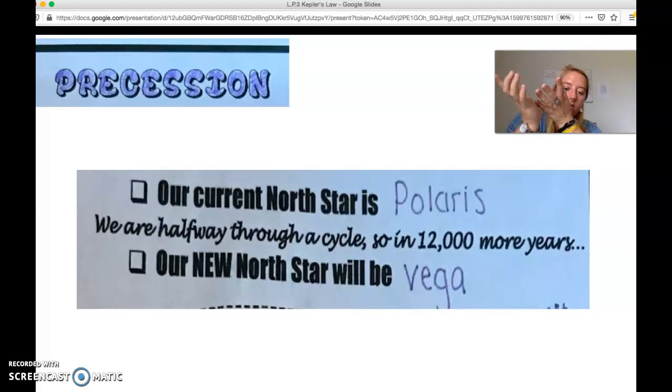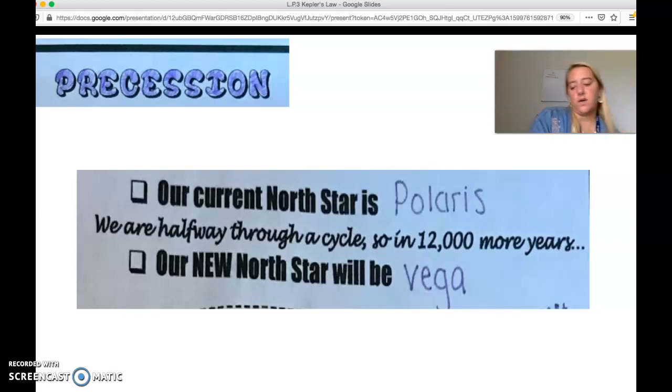We are halfway through the cycle. So in 12,000 years, our new North Star will be Vega. So if this is where my Earth's axis is pointing right now, my hand the Earth and my finger the axis, we are halfway through, so we are going to wobble until our North Star is Vega. Vega is a star in a constellation.